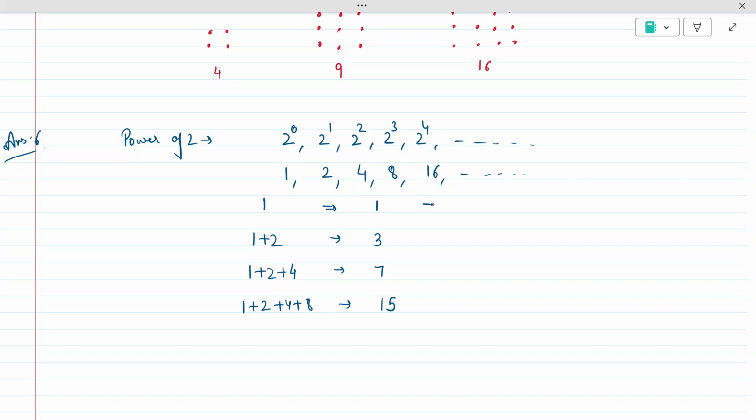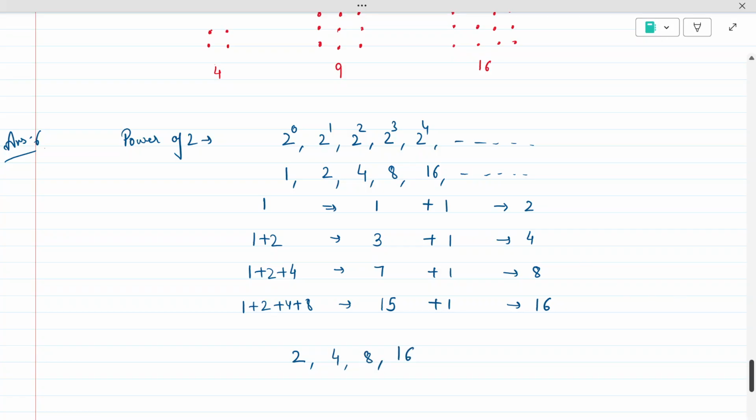So adding 1 to this will become 2, 1 to it will become 4, 1 to it will become 8, 1 to it will become 16. So now we have the sequence 2, 4, 8 and 16.